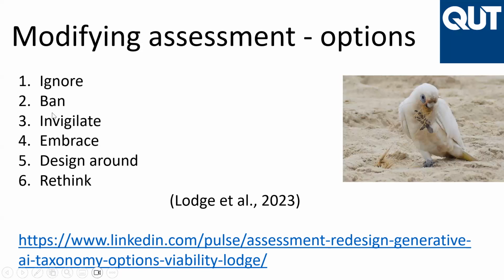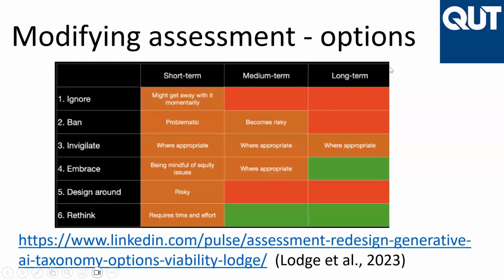You can either ignore AI tools, you can ban them, you can invigilate, you can embrace them, you can try and design around them, or you can rethink assessment altogether. So they've done some thinking around this, and this is what they've come up with as a response.